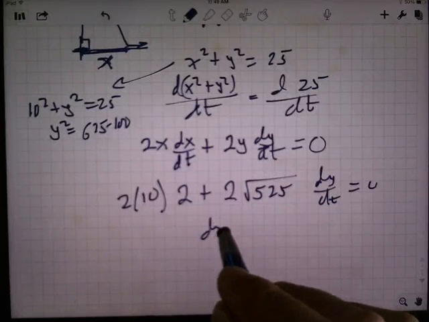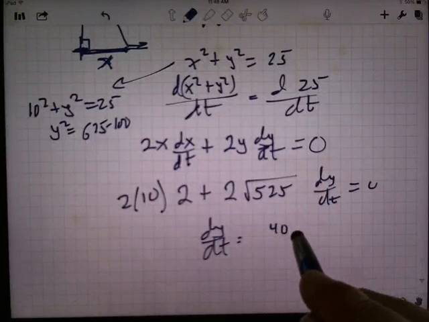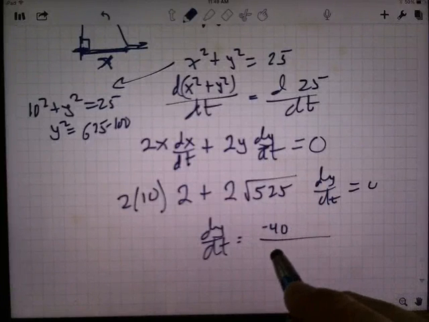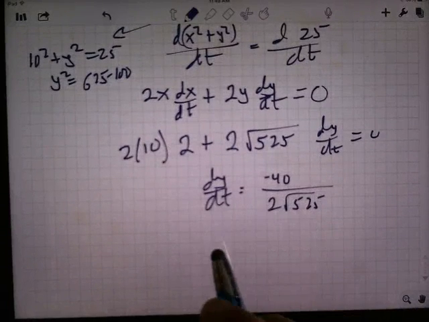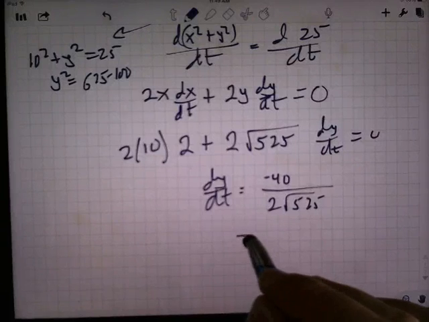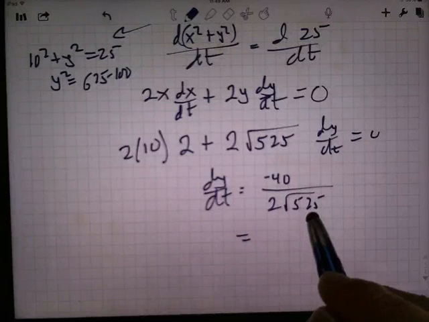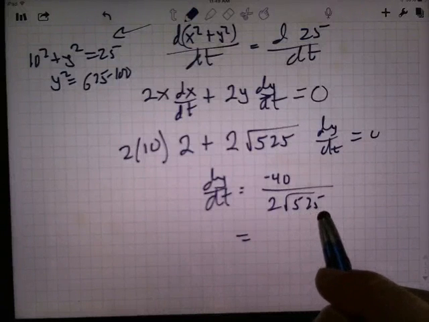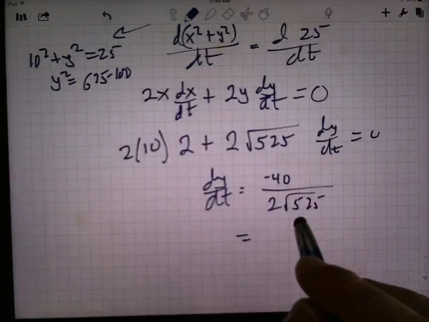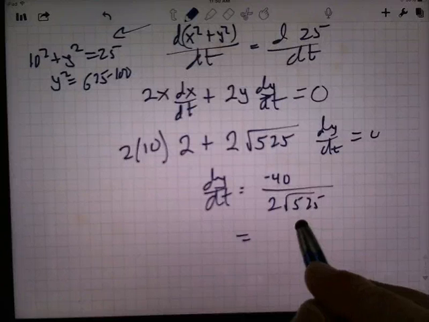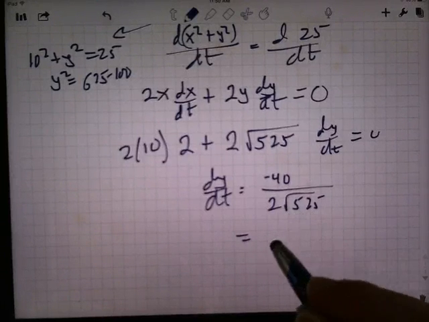Solve for dy/dt. So dy/dt equals negative 40 divided by 2 times the square root of 525, which probably simplifies some. This is 25 times 21.